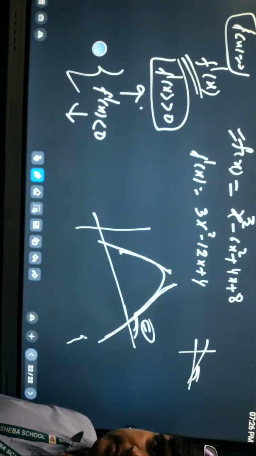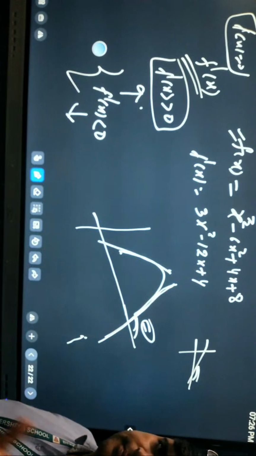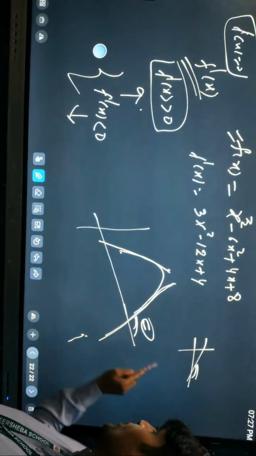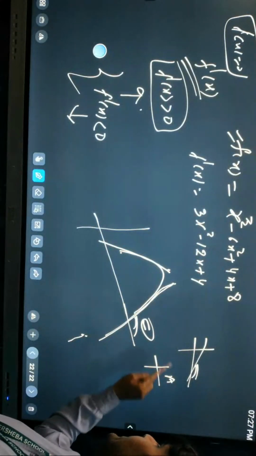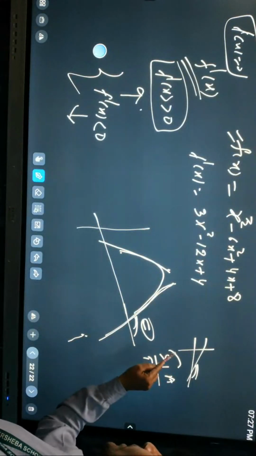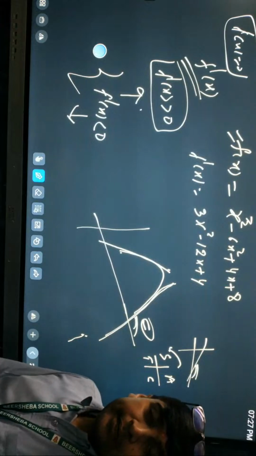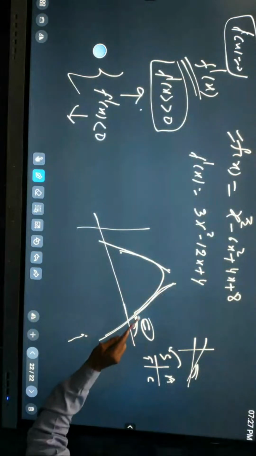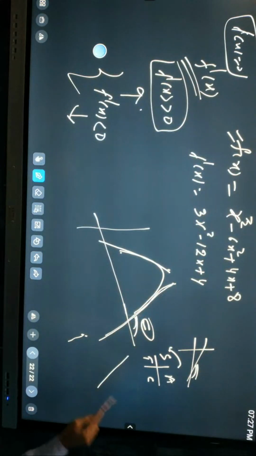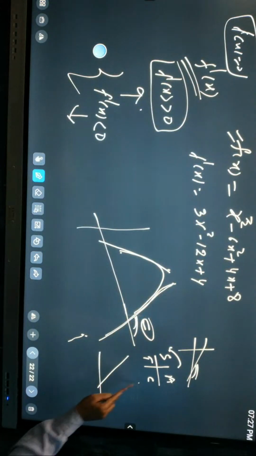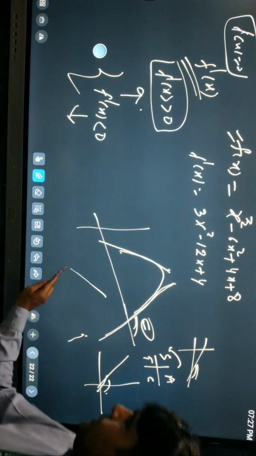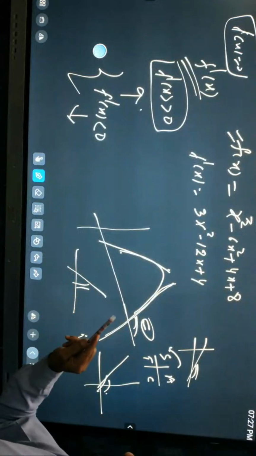Because in the second quadrant, tan theta is negative and slope is tan theta. And in this graph, the slope is always like the second quadrant, it means negative, and for this it is positive.